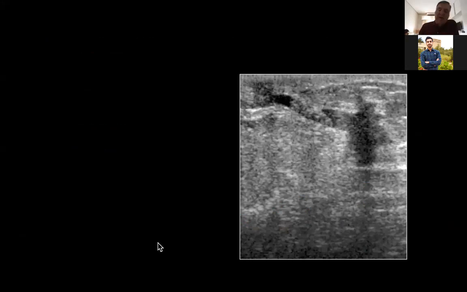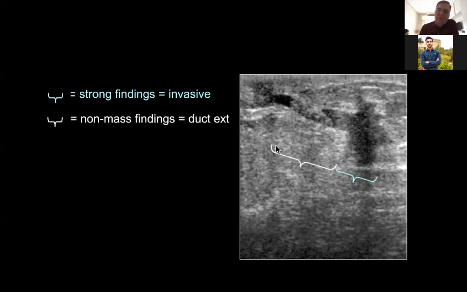Now, here I have a case that's a mixture of an invasive ABC, adenocarcinoma of the breast, and a DCIS. So this is the DCIS component shown by the white bracket. That's a grade 3 DCIS component growing up the duct toward the nipple, very close to the nipple, but not quite reaching it. The taller thing on the right, shown by the aqua brackets, is the invasive cancer.